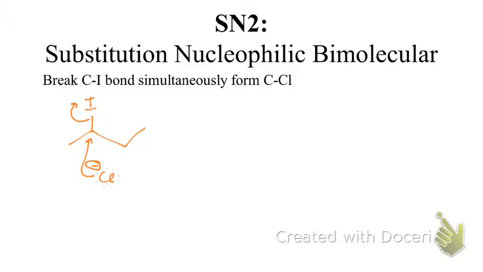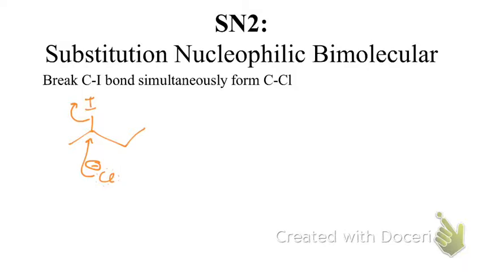If that chloride sees electrons, what's it going to do? It's going to repel, go the other direction. You'll notice, how did I draw that chloride attacking? From the same side or the opposite side of the iodide? Why the opposite side? Because the iodide has electrons. So the chloride needs to come in such a way that it avoids the iodide electrons.